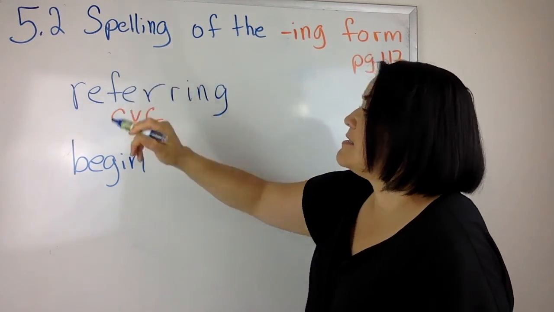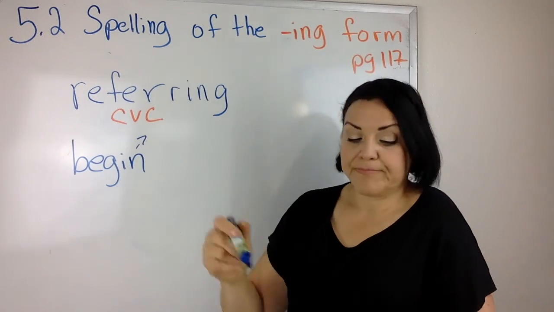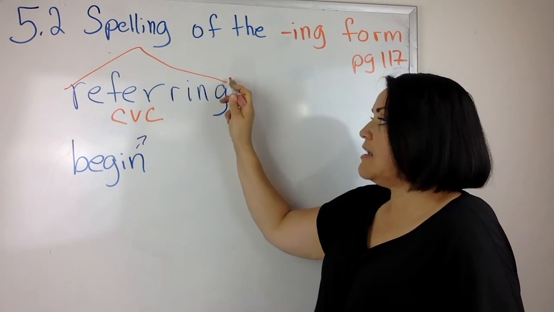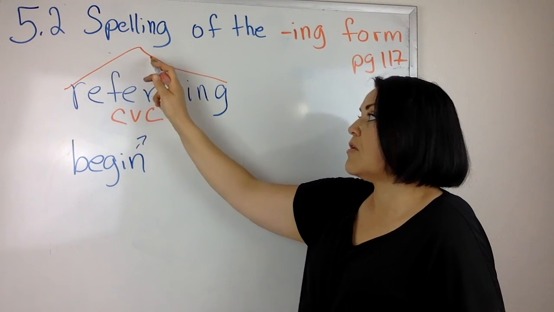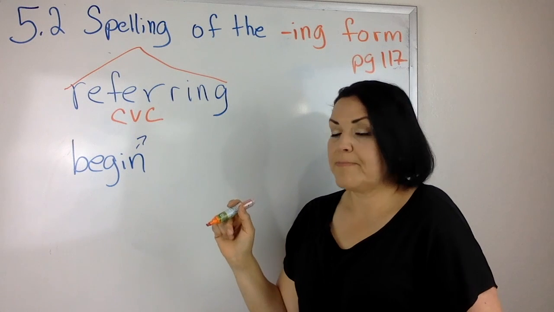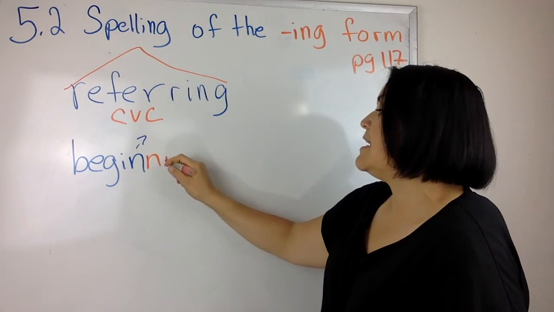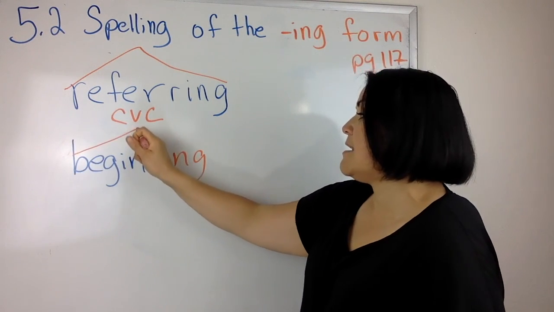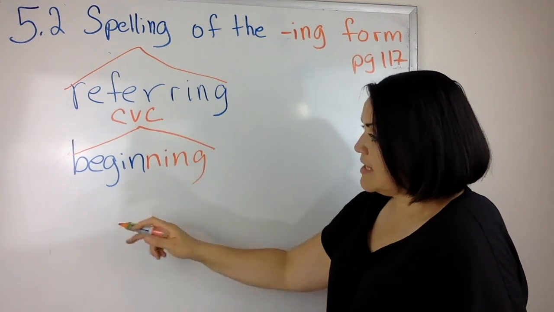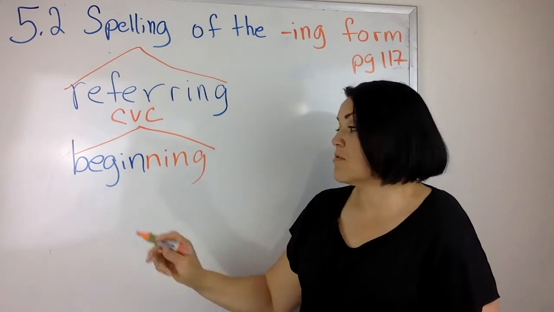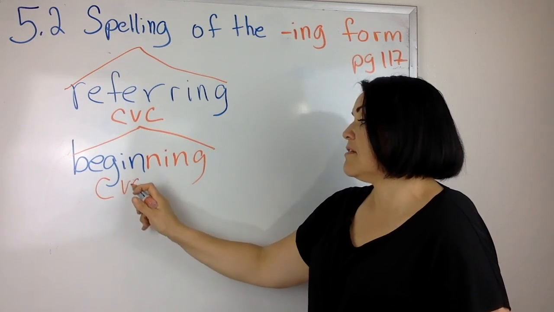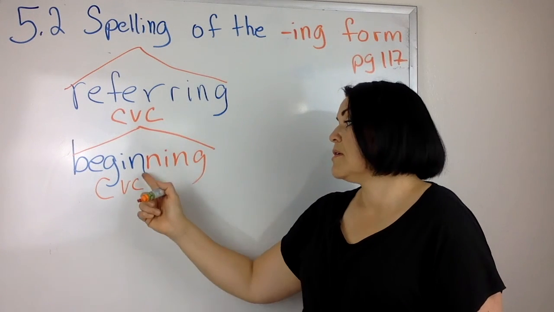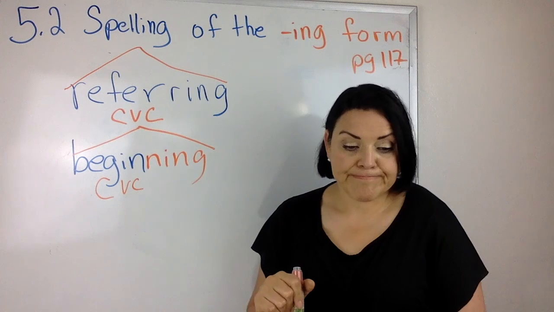Do you hear it? This is the way you're saying it. Referring. Beginning. So when you're saying it in English, it's beginning. It goes up, it comes down. It also has a consonant, vowel, consonant. So then it would have two consonants before ing.